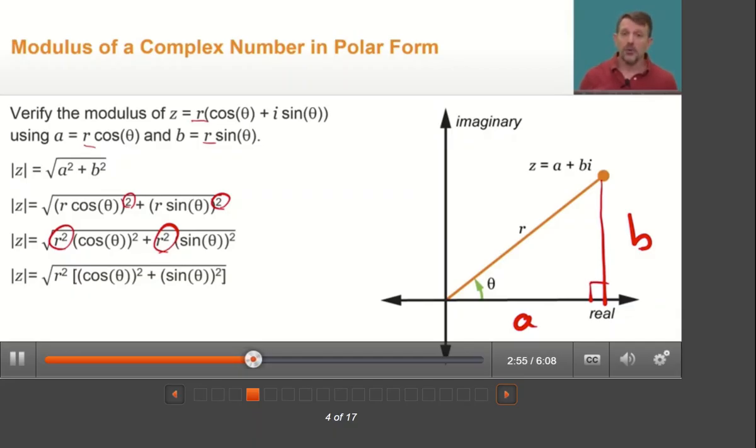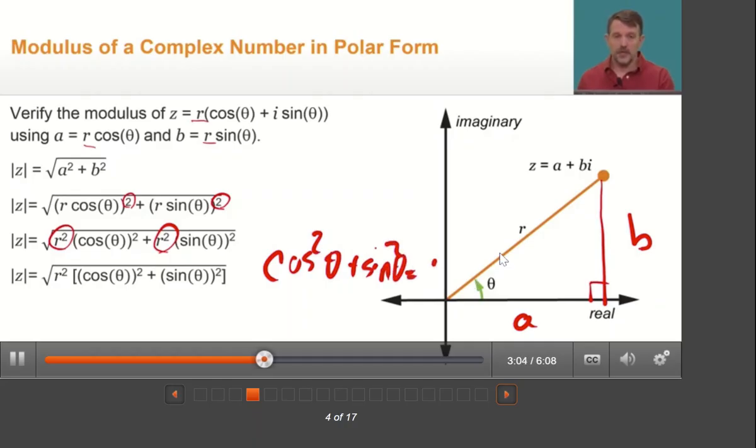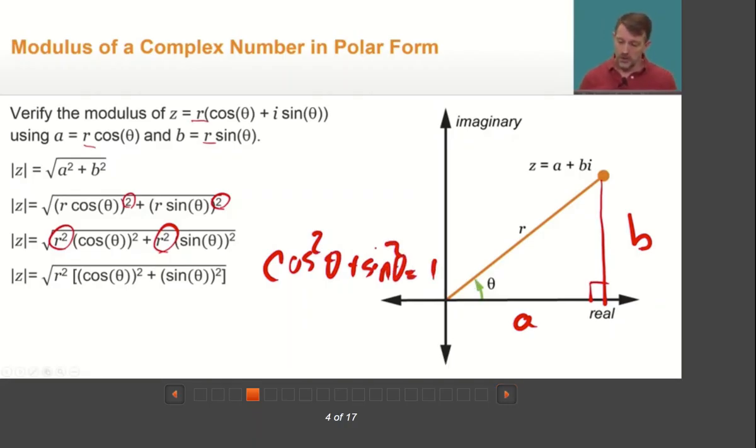And since we know that cosine squared theta plus sine squared theta equals 1, r squared times 1 is just r squared. Finally, we're going to take the square root of r squared, and that's probably the simplest step. So now we've shown that the absolute value of z, also known as the modulus, is equal to r.